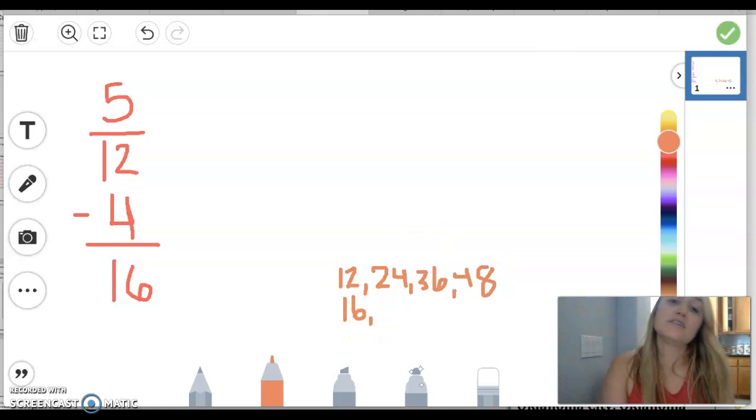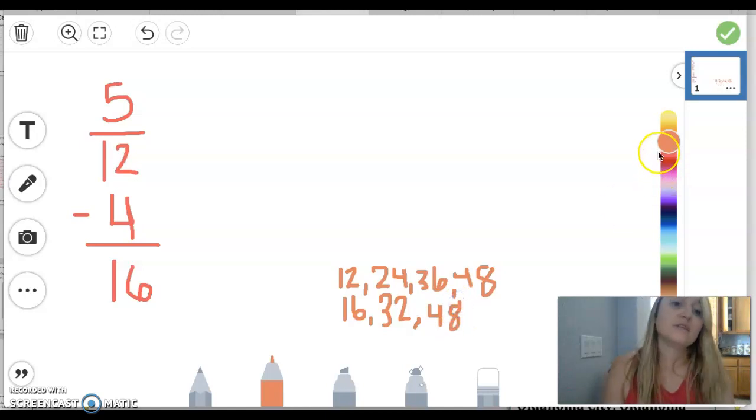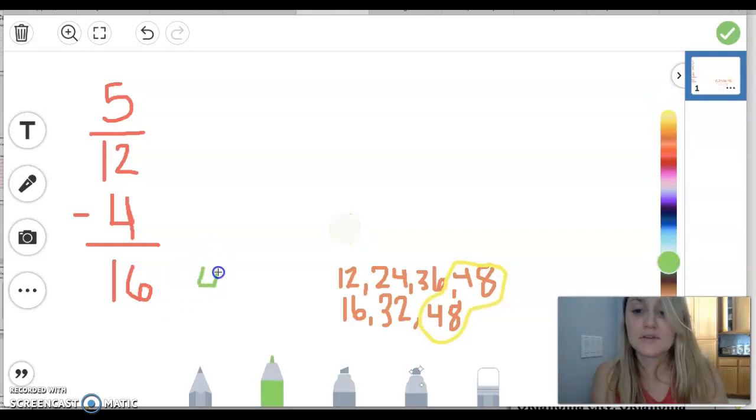Okay, 16, you might have to work this out to the side and do the multiplication, but 16 times 2 would be 32. And then 16 times 3 is actually 48. Okay, so 48 would be our least common multiple.